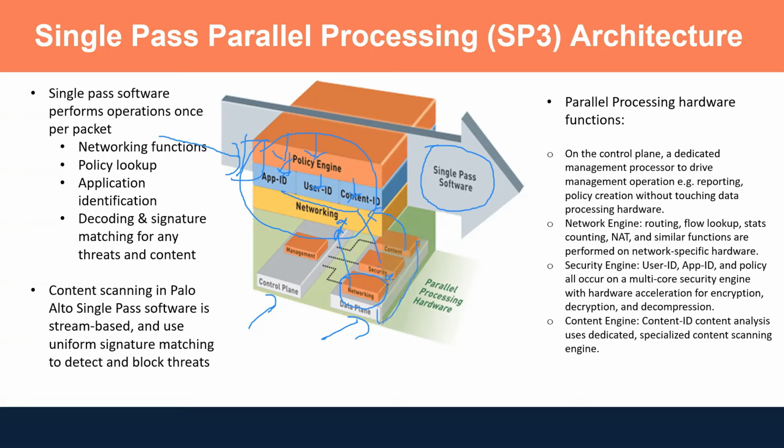These are dedicated hardware, and they do parallel processing. So you have single pass software, and to support that single pass, you have parallel processing hardware. This is the architecture in Palo Alto, known as SP3, single pass parallel processing.